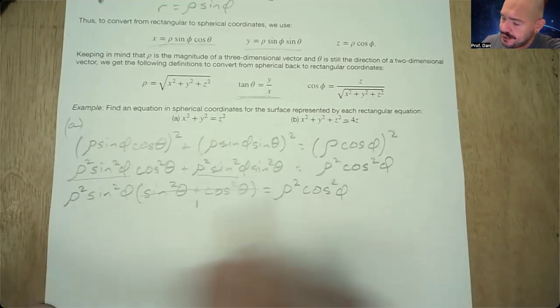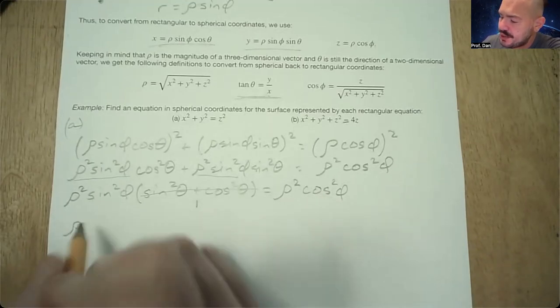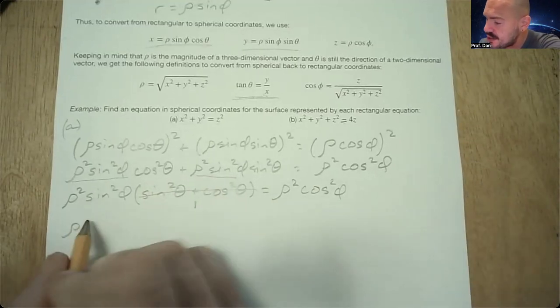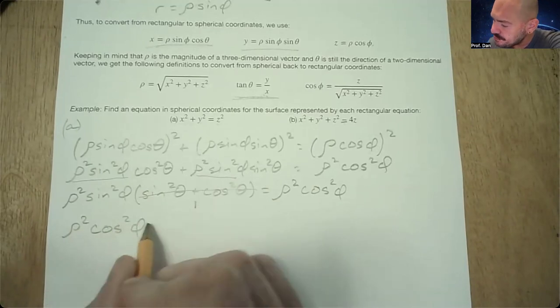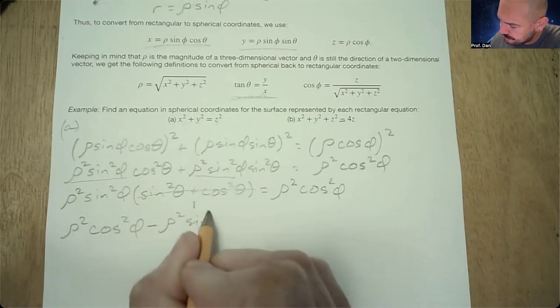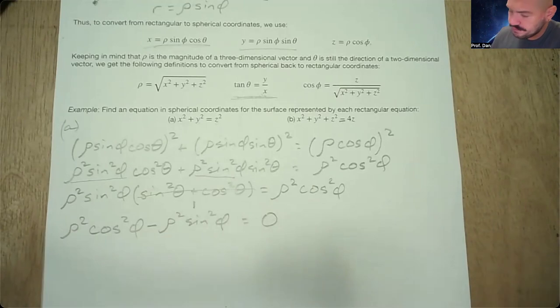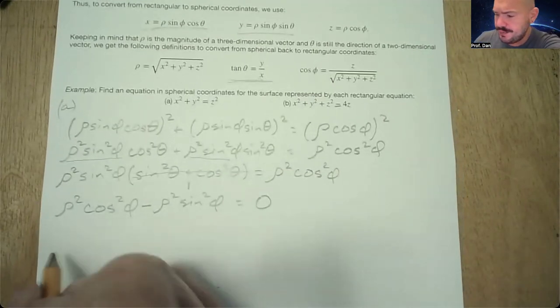And if I wanted to, I could also subtract rho squared cosine squared from both sides, or rho squared sine squared from both sides. Okay. And now you notice that you could factor out a rho squared from both sides.